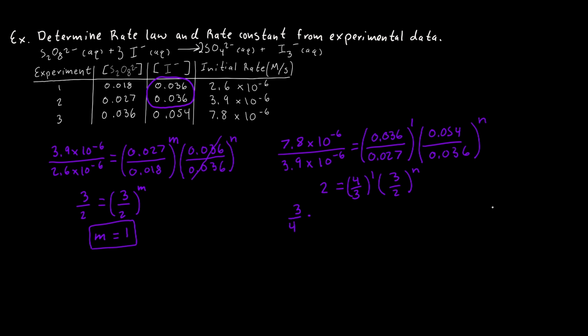So 3 over 4 times 2 is equal to 3 halves to the n power. Then we can simplify that as 6 over 4 is equal to 3 over 2 to the n power. And that can further be simplified to 3 halves is equal to 3 halves to the n power. And we can see that n is also equal to 1.